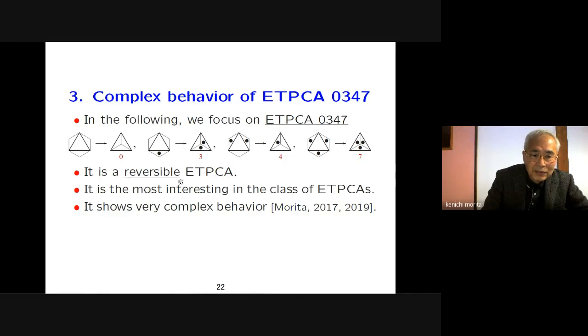It is a reversible ETPCA. It is the most interesting in the class of ETPCAs, as you see in the following. Actually, it shows very complex behavior.